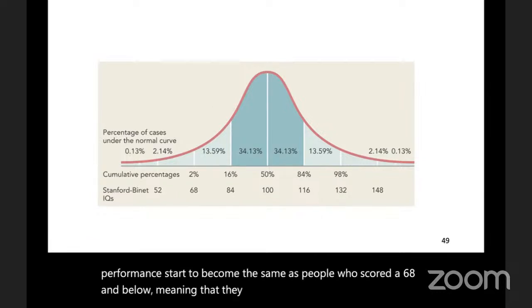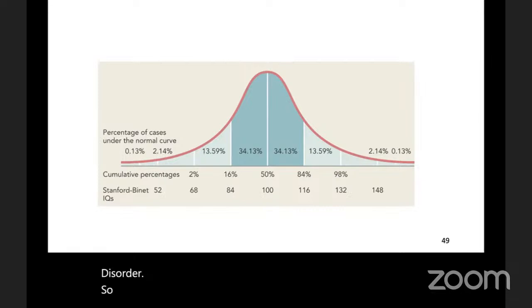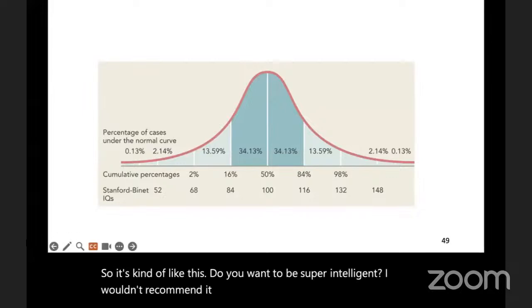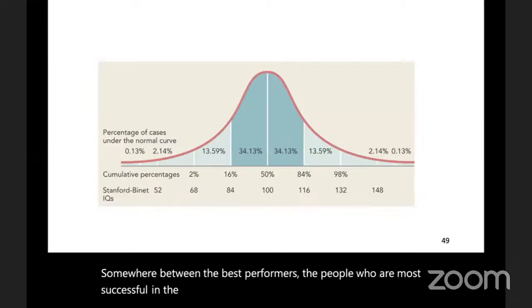Meaning that they almost act like, or actually they do behave like and think like someone with a developmental or intellectual disorder. So it's kind of like, do you want to be super intelligent? I wouldn't recommend it. Somewhere between the best performers, the people who are most successful in the world, score somewhere between an 85 and a 115.